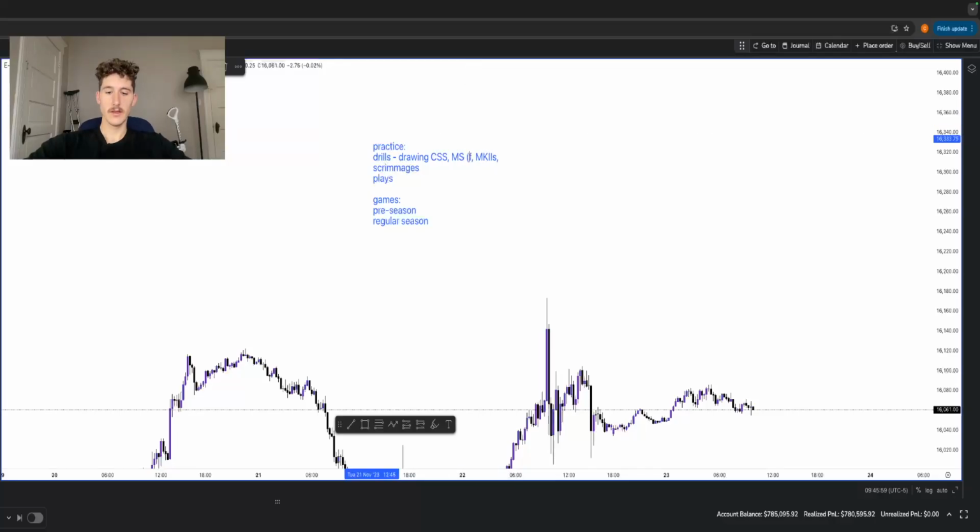So that would be flips, swings, and you are drawing invisible market structure. So FFZs. You are drawing low tap backs, high tap backs, NSLs, NSHs, so non-structural lows, non-structural highs.